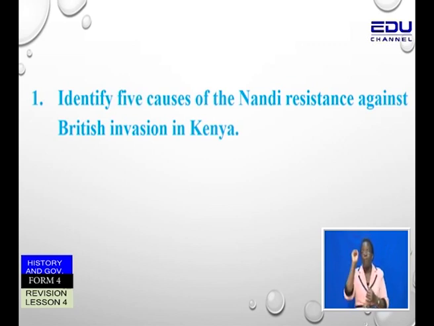The third point to underline is causes, because as you'll realize when you'll be discussing these areas, there are also things to do with the effects. So therefore, we are not asking of any other thing except causes.